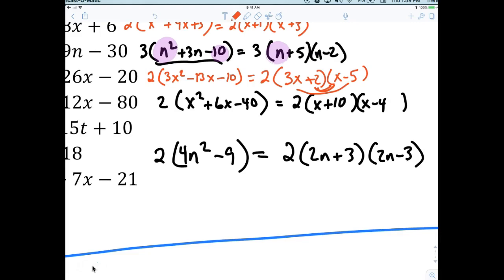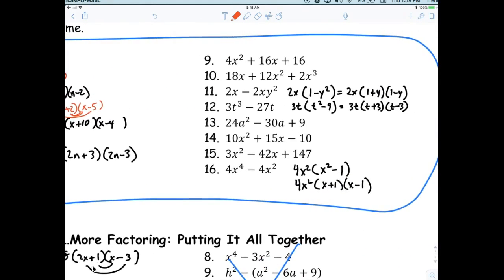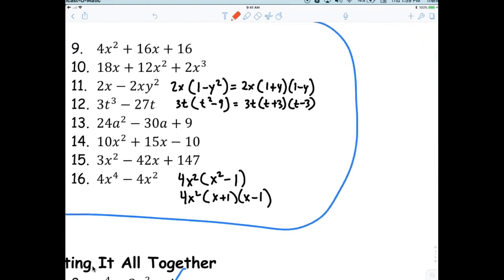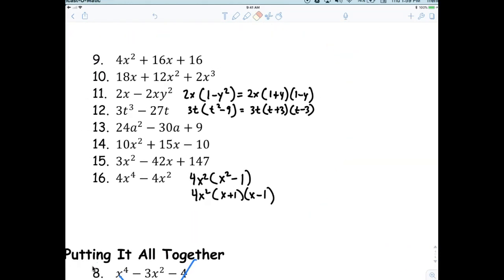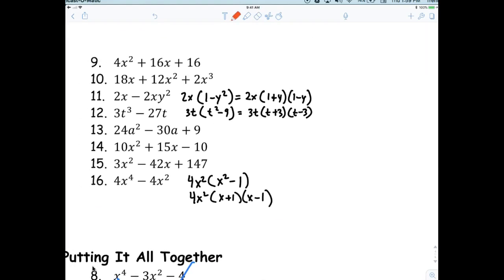All right, now I would like everybody to look at number 10. Does everybody see number 10? I have a problem with it because it's not in the right order. So I'm going to write it in the right order first. Question number 10: 2x cubed, 12x squared, plus 18x.